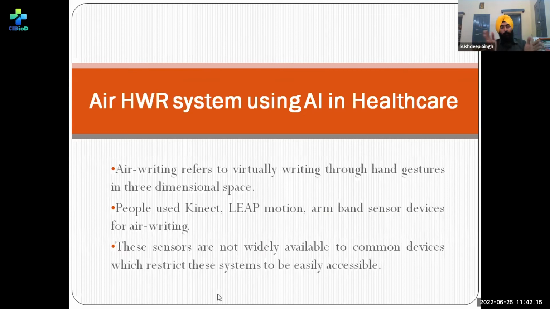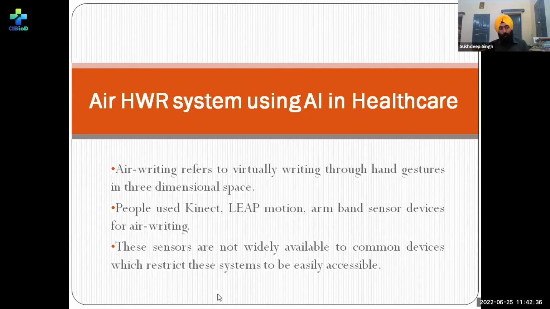And once different frames are extracted, the frames will act as a single page document, and from that we can use our existing handwriting recognition system.